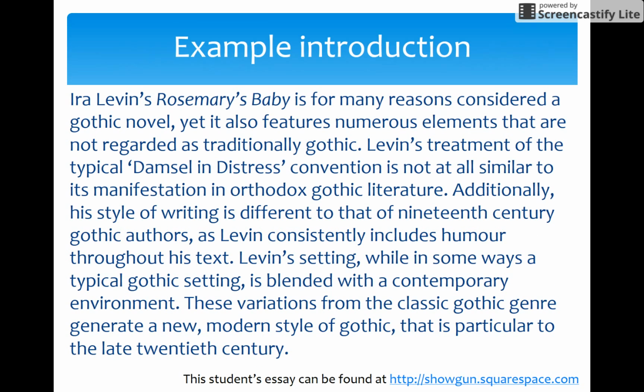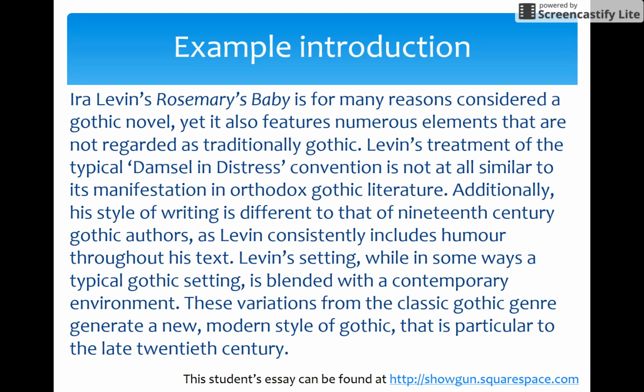So here is an example introduction, and this is taken from a student essay at Shogun. Ira Levin's Rosemary's Baby is for many reasons considered a Gothic novel, yet it also features numerous elements that are not regarded as traditionally Gothic. Levin's treatment of the typical damsel in distress convention is not at all similar to its manifestation in orthodox Gothic literature.